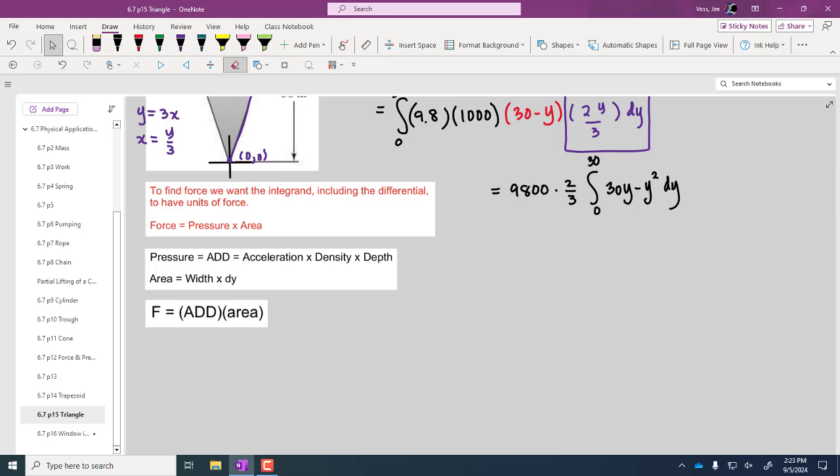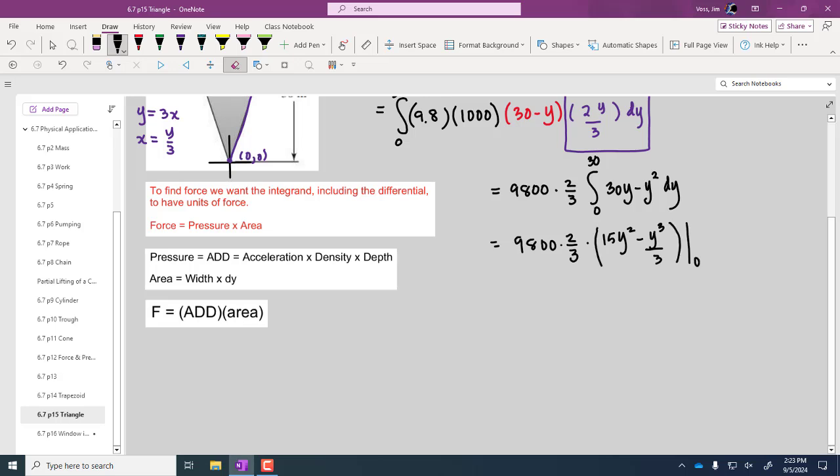That makes sense? We'll cancel in a minute because maybe we have some stuff coming from this integral that will make things easier. We'll have 15y squared minus a third y cubed, from 0 to 30.